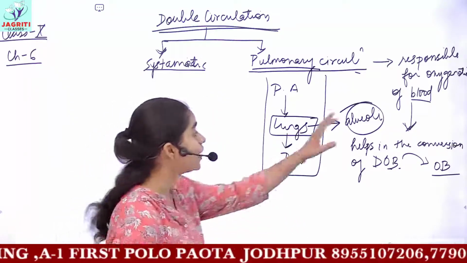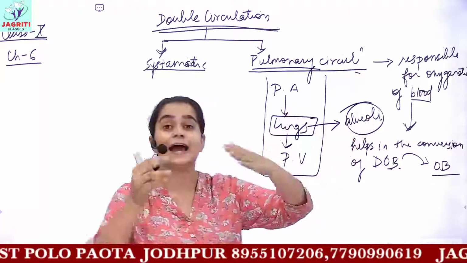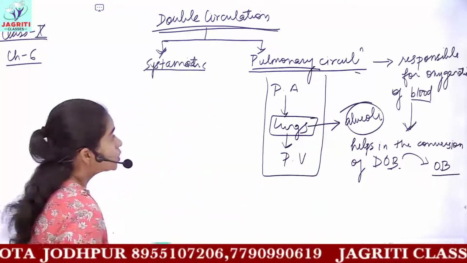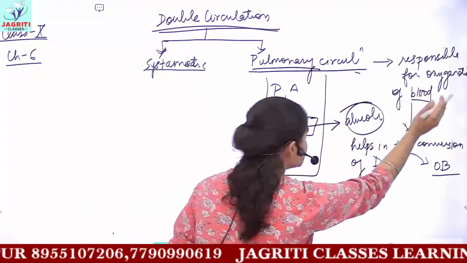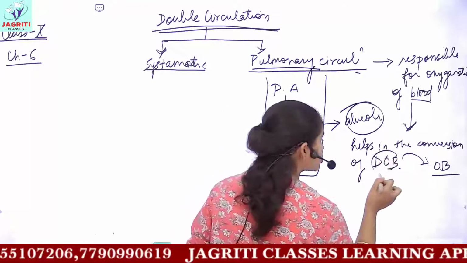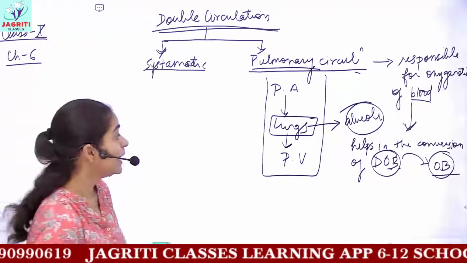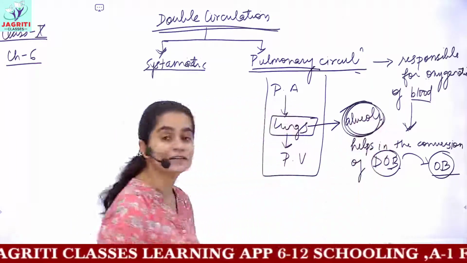So you know how the gaseous exchange takes place between the alveoli and the blood vessels present on the surface of the alveoli. So pulmonary circulation is responsible for oxygenation of blood, or for the conversion of deoxygenated blood into oxygenated form, and this oxygenation of blood occurs at the alveoli surface.